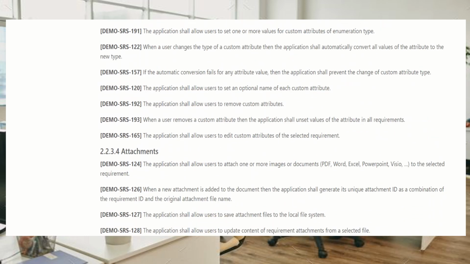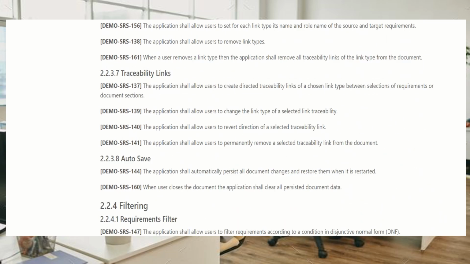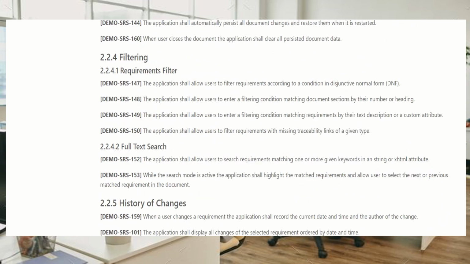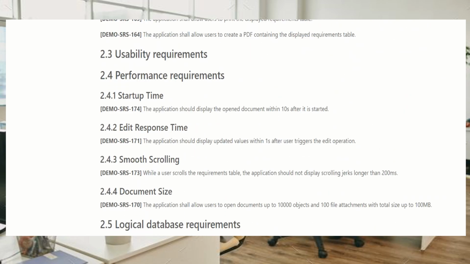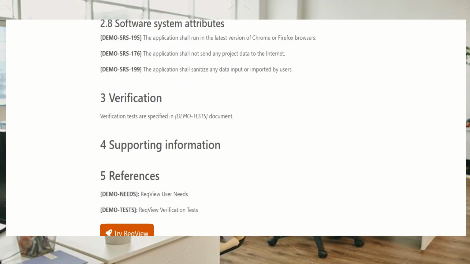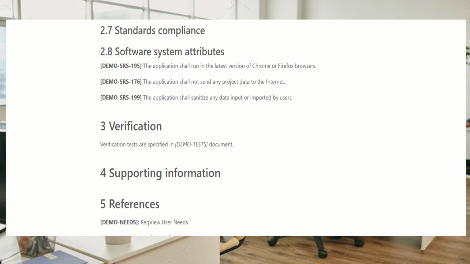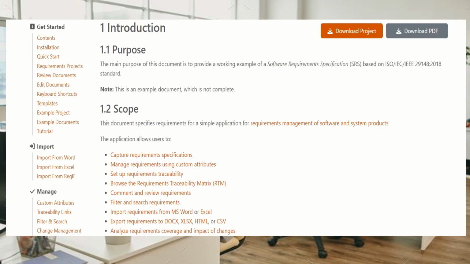Requirement attributes, custom attributes, attachments, comments, testability, and the links we have defined. Then full text search, reporting, edit response time, document size, design constraints, and verification. This is for the testing report part, plus some supporting information. At the end of the document, we have to provide the references, which are basically what we have taken to develop this particular software.